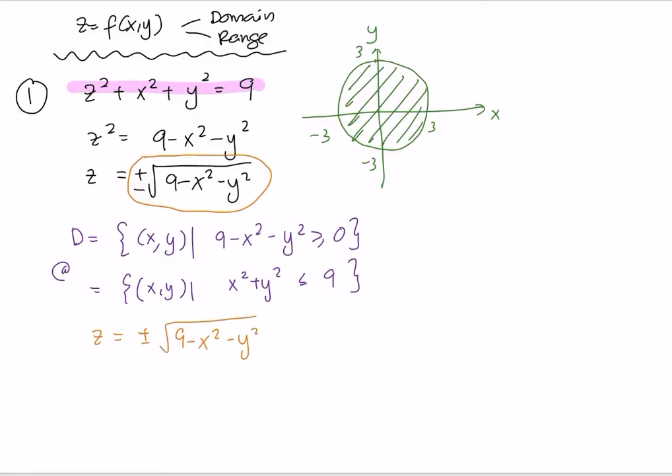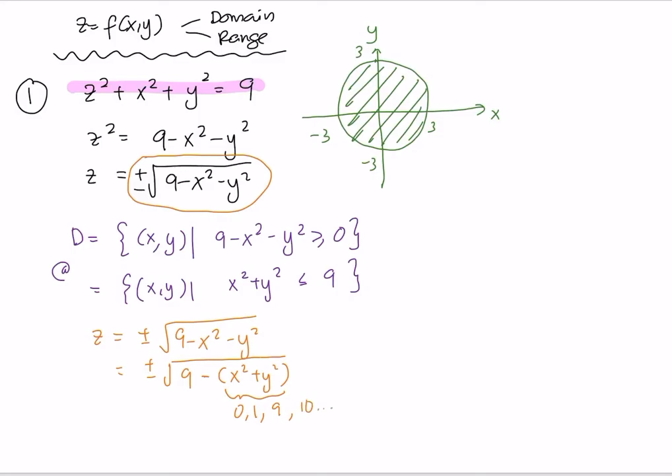Here x squared plus y squared is always non-negative because both are squared. So the minimum value can be 0, and it can be 1, it can be more than that, it can be 9, it can be 10, and so on.